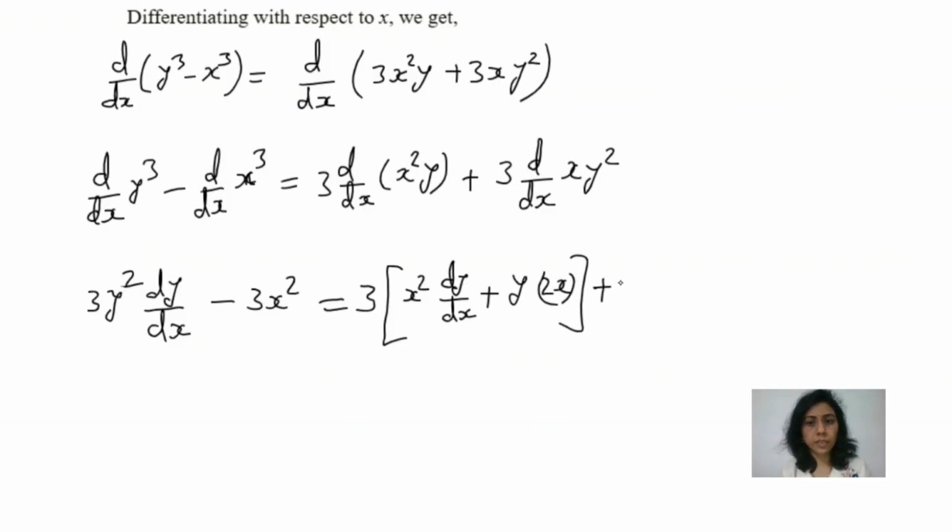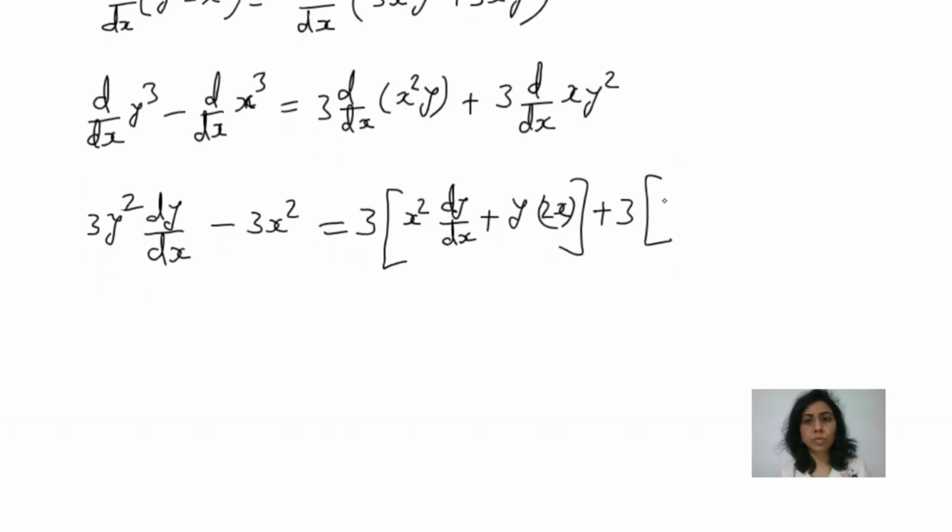plus 3 right as it is, differentiate this using product rule, so this is x right as it is, differentiate y square, so it will be 2y dy upon dx plus y square right as it is, differentiate x, so dx upon dx we get 1.